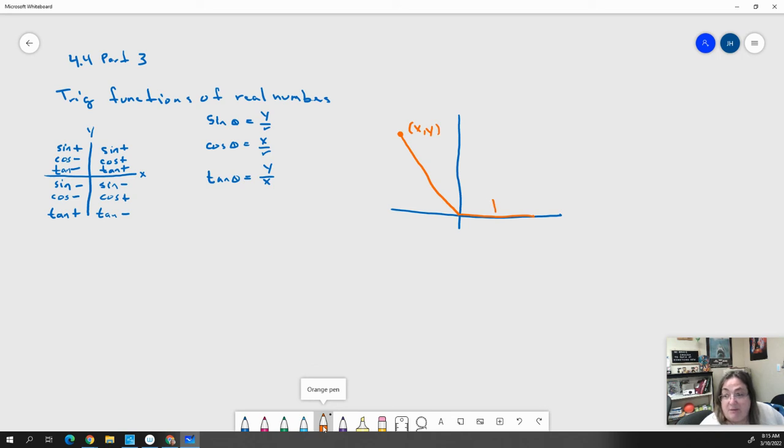This being our theta, this is our initial part of that angle, and then it goes to the terminal part, and we call this theta. And if you remember, when we're looking for a reference angle, it's this distance from here to here that we call our reference angle, that theta prime.